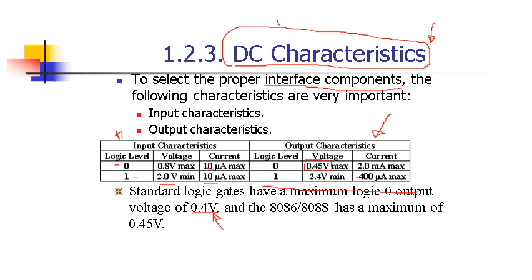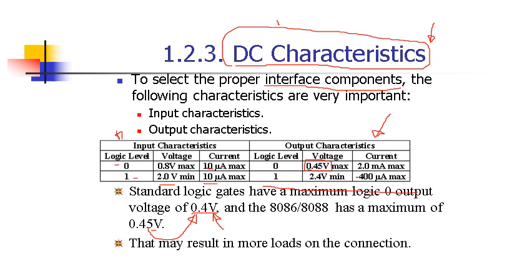So when the processor sends a zero to this logic, it sends a little higher voltage, which makes your connection overloaded. So this results in more load on your connection. So we have to pay attention to the DC characteristics, and both your processor and the component to be interfaced with should be compatible in voltage levels and currents. Good.